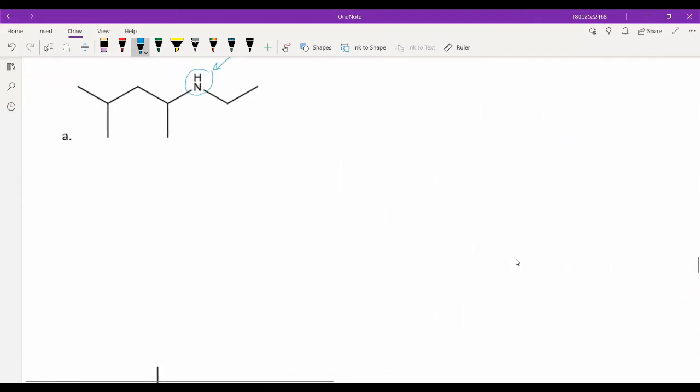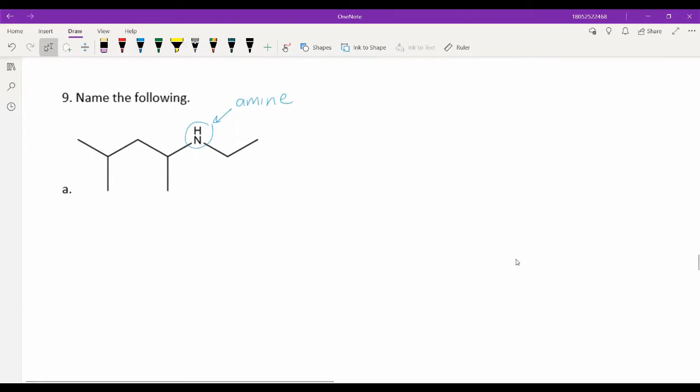So first compound, we have this amine, and this is going to be the systematic naming system. We follow the same rules as before. Find the longest carbon chain, number it, always give priority to the functional group. So the longest carbon chain is going to be this one here, right?